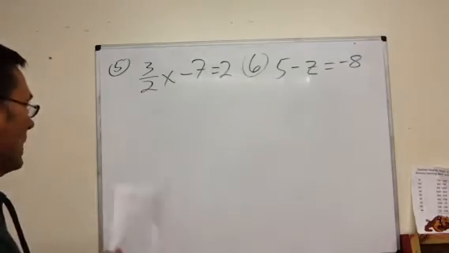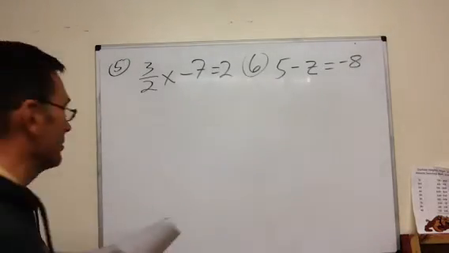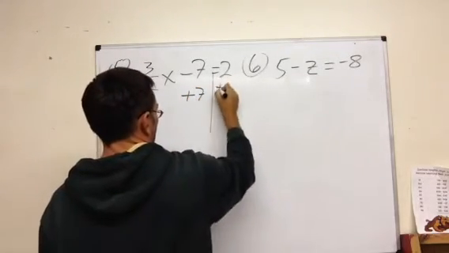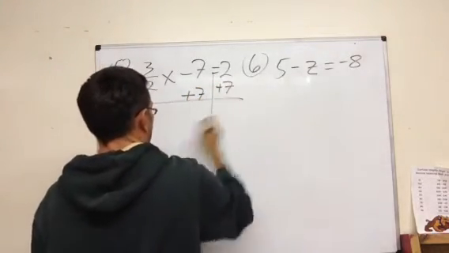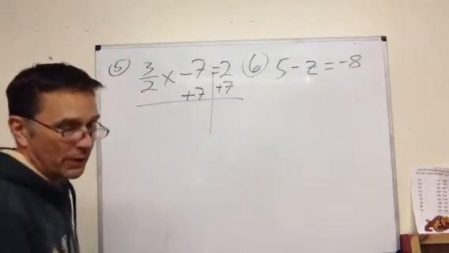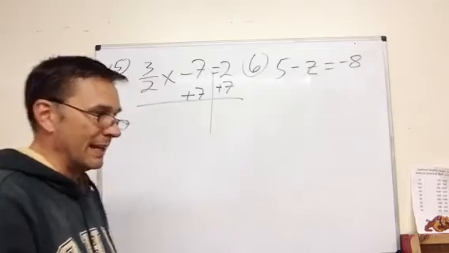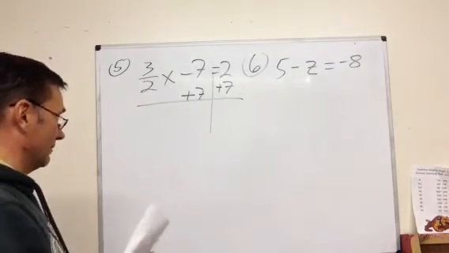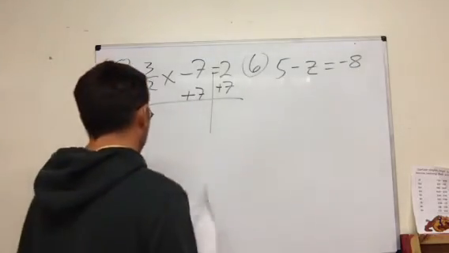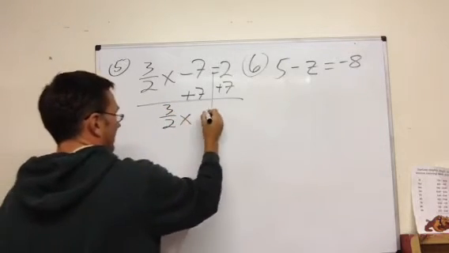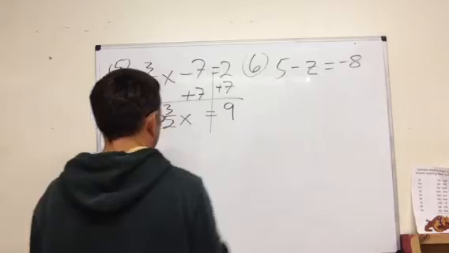Just like the previous problems, we want to add opposites, add 7. At this point, hopefully, you're anticipating what I'm going to do. Start thinking. The more you think about it, the more you'll understand it. 3 halves x equals 9.